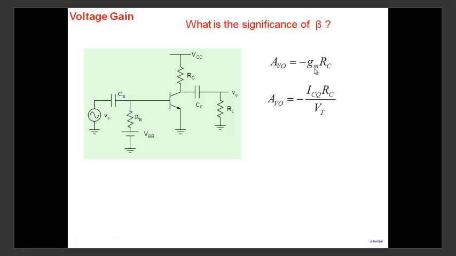GM is IC by VT, ICQ by VT. Bias points are always denoted by capital letters, capital subscripts, and most of the time we'll add Q, quiescent point, the bias point. So ICQ RC by VT. There's no beta anywhere so far. Is voltage gain independent of beta?